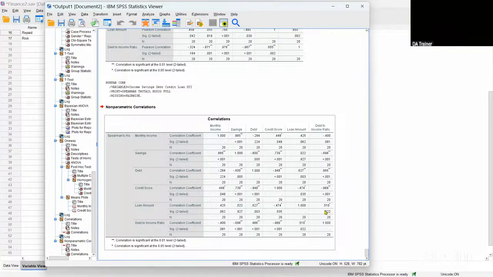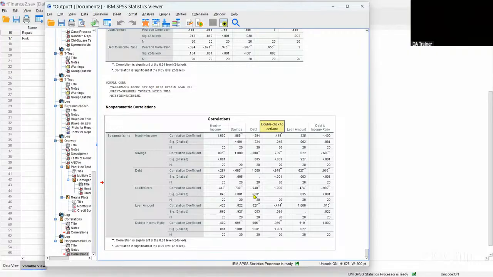As you can see, correlation is significant at the 0.01 level. Any place you have the 2 stars is telling us the correlation is significant at the 0.01 level. And then correlation with 1 star is significant at the 0.05 level. So the significance is what we are now looking at.